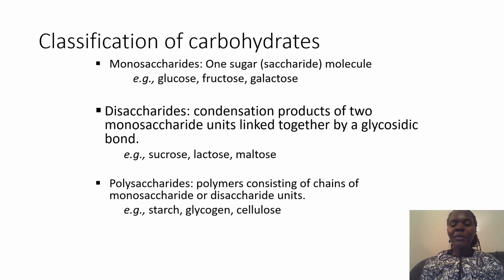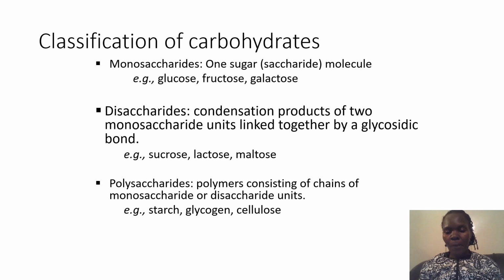The best examples we know are sucrose, which is always found in sugar, lactose, which is found in milk, and maltose, which is also a component of Guinness. There is another class which I didn't include here, the oligosaccharides, but they are now accommodated in the class of the polysaccharides.